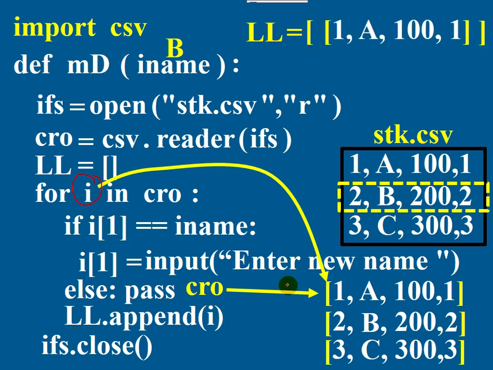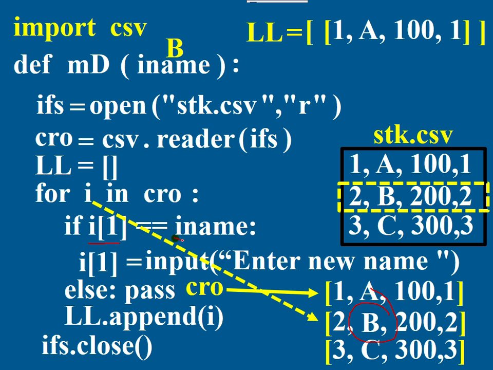Now i will point to the second row, the second list. This time what is i[1]? B. What does iname contain? That is also B. So B equal to B, correct. So this is the record, this is the row that we want to modify. So new item name is entered from the keyboard.